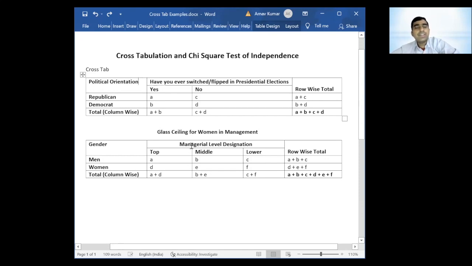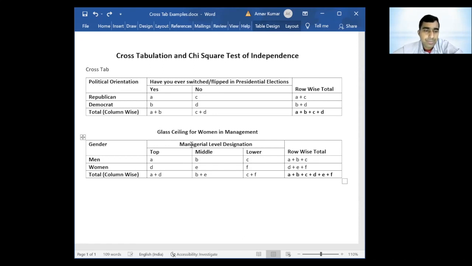Another very interesting thing that is often studied and researched is the problem of the glass ceiling. So women in society, we have a long history of their under-participation in leadership, economic and external roles beyond the domestic family.